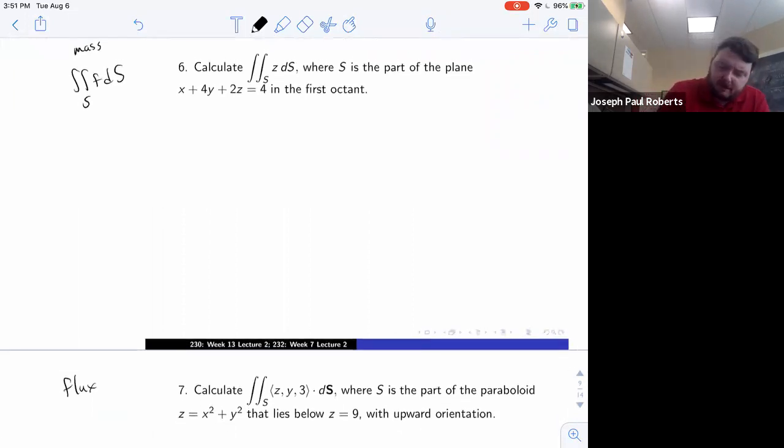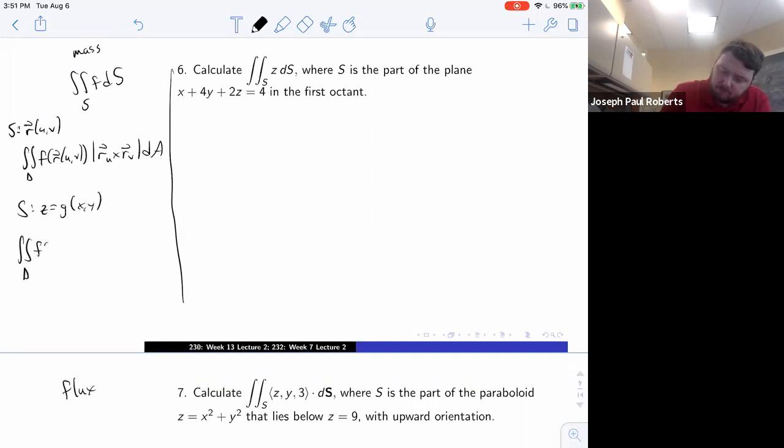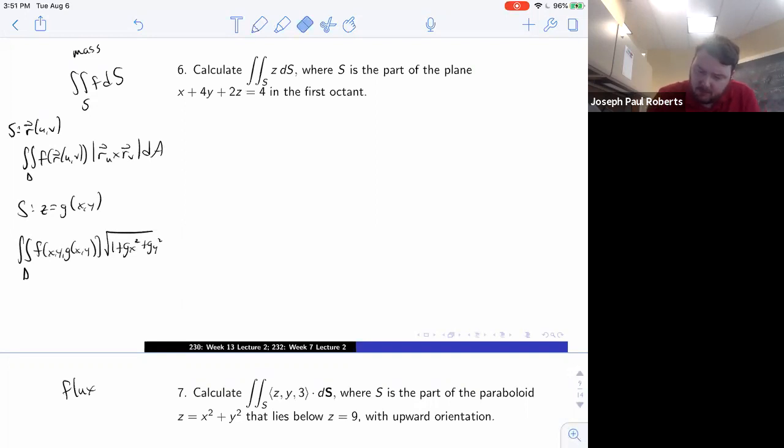So the first kind of surface integral, the two formulas are either f of r of uv times the length of ru cross rv, or if s is given z in terms of x and y, you can memorize what that length of the cross product is going to be.